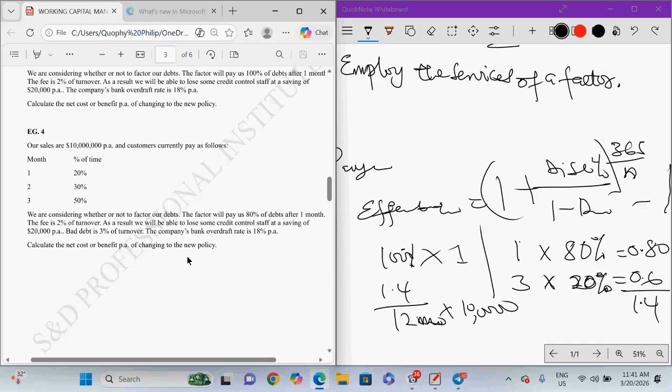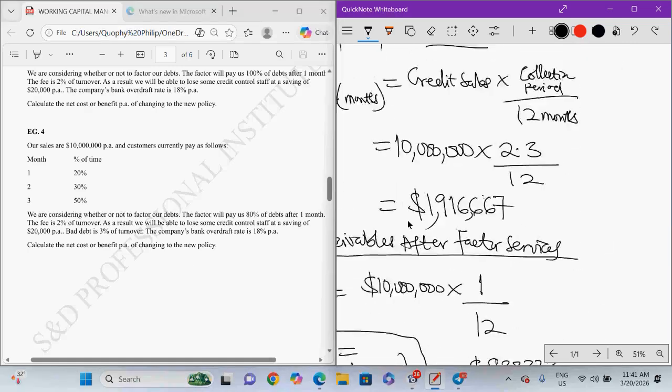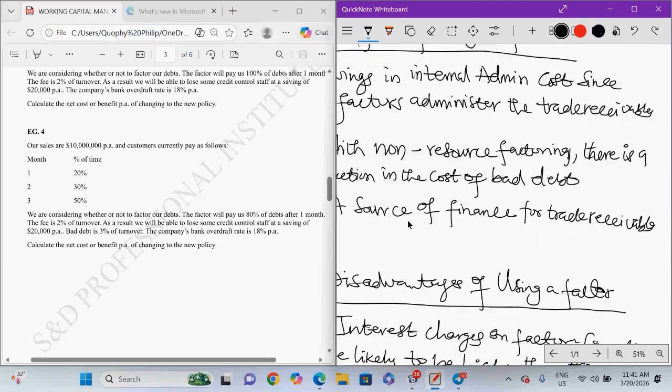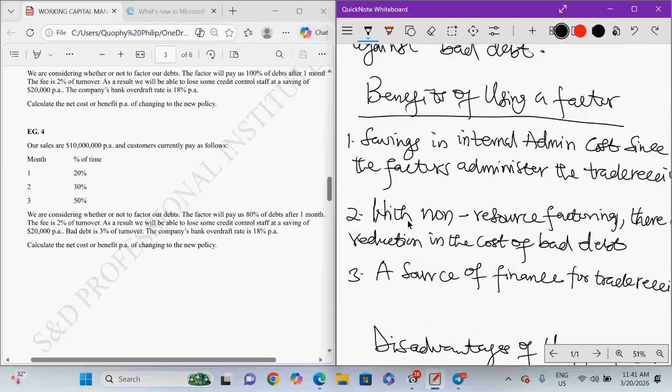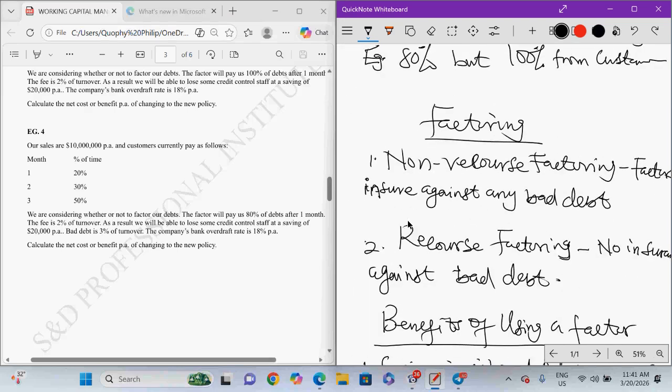The non-recourse factor, we said they insure against bad debt, right? So if we hire a factor, and it is a non-recourse factor, it means there will be no bad debt.